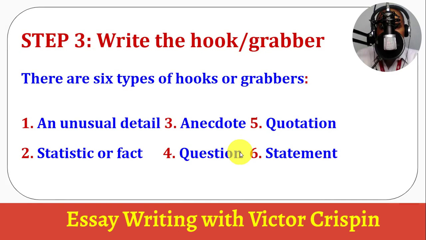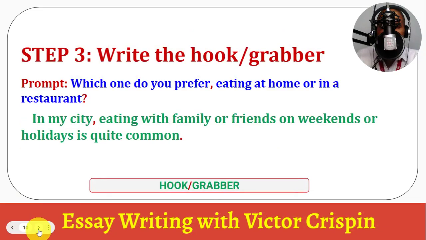Number 4 would be a question. Number 5 would be a quotation. And number 6, the last one, would be a statement. These are the possible 6 types of hooks or grabbers that we can use in order to write our first sentence, the first component of the introductory paragraph. Let's move on to the next slide.